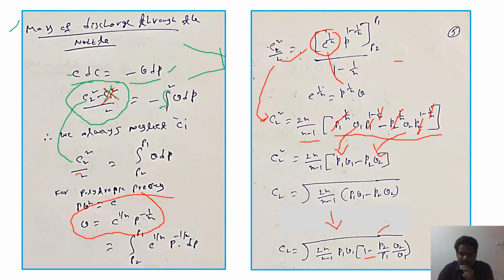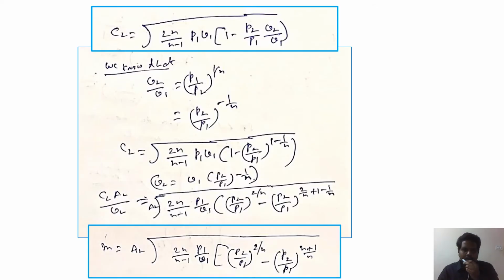This we will see in the continuation in the next slide. Now, continuation from the previous slide: C2 equals the square root of 2n by n minus 1 P1 V1 (1 minus P2 by P1 V2 by V1).